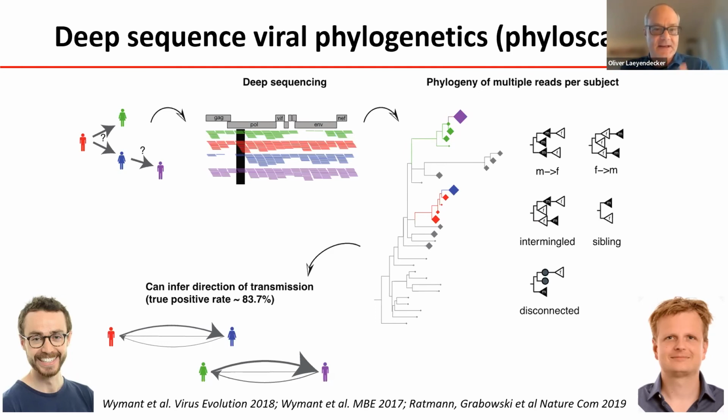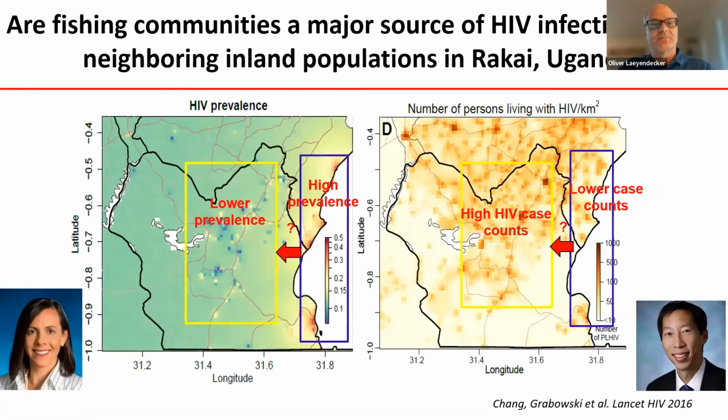And so in this case, using this particular technology on a much bigger sequence data set, you could accurately determine the true direction of transmission at about 84%. So this gives us some amazing tools to then look in the population.